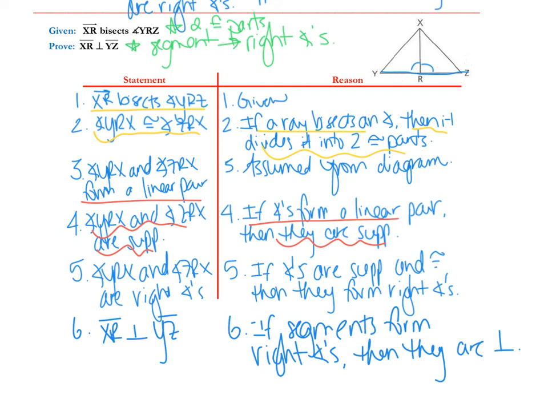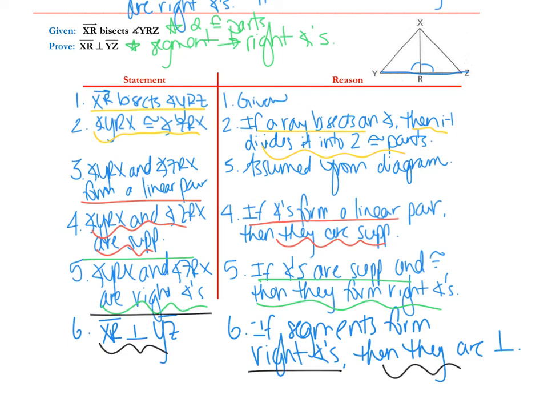So then I could do this as the next if they are supplementary. And then here we go. Okay? And then finally, we have right angles. Prove my last statement. So hopefully you guys are seeing the connection between using the statement as the if for the next part, and then the conclusion should be the statement that you're writing.